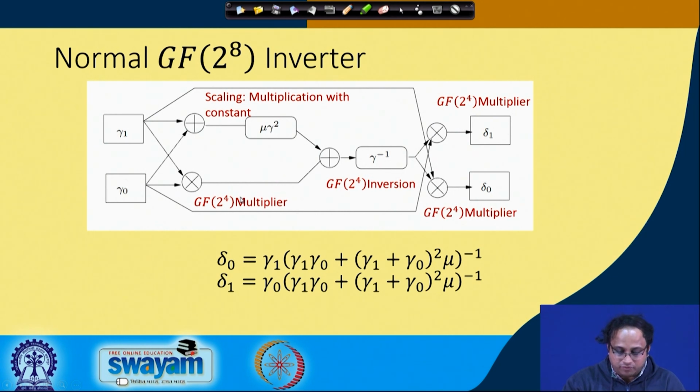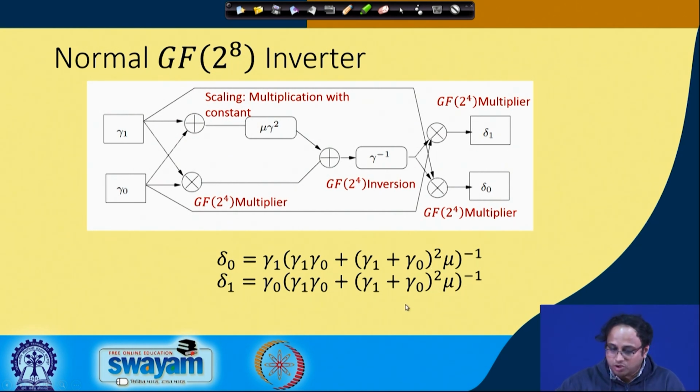So, you see that what I have got is gamma 1 into gamma 0. So, this goes to my smaller inversion, which is my GF2 power of 4 inversion, which is denoted here, and the input to this is nothing but gamma 1 into gamma 0 plus gamma 1 plus gamma 0 whole square into mu. Gamma 1 into gamma 0 is done by this multiplier, and then I add it with gamma 1 plus gamma 0 whole square into mu.